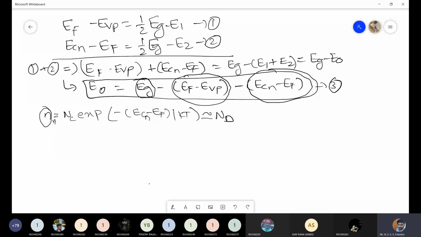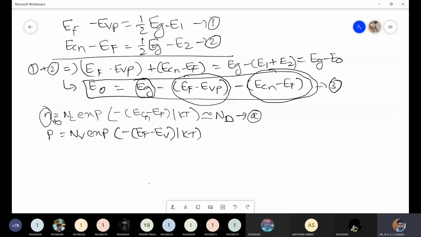Because it's an open circuit condition, I can even mention n not. So n not implies it's open circuit condition. This is nearly equal to ND. Let this be equation A. Similarly, I have p equal to NV into exponential of minus of EF minus EV by KT in an intrinsic semiconductor.